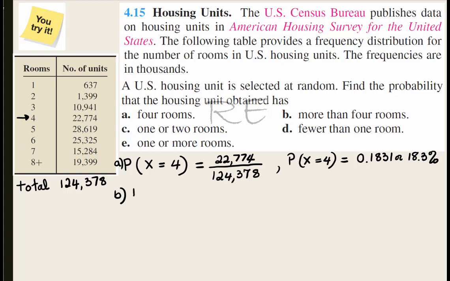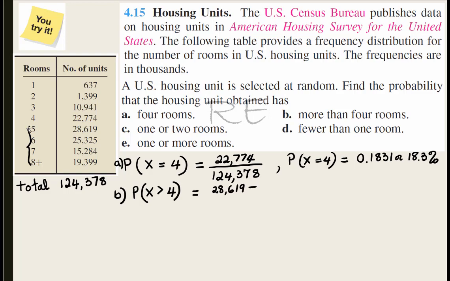For B, we need the probability of more than 4 ohms. So the probability that X is strictly greater than 4. Strictly greater than 4 means X can be 5, 6, 7, and 8 plus.